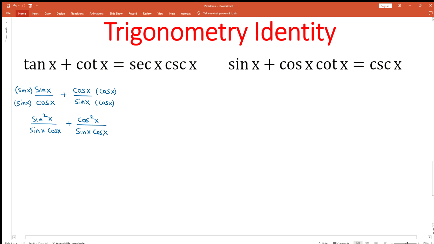Now these fractions have the same denominator, so we can combine them into a single fraction. As per the Pythagorean identity for sine and cos, sin square x plus cos square x is equal to 1.